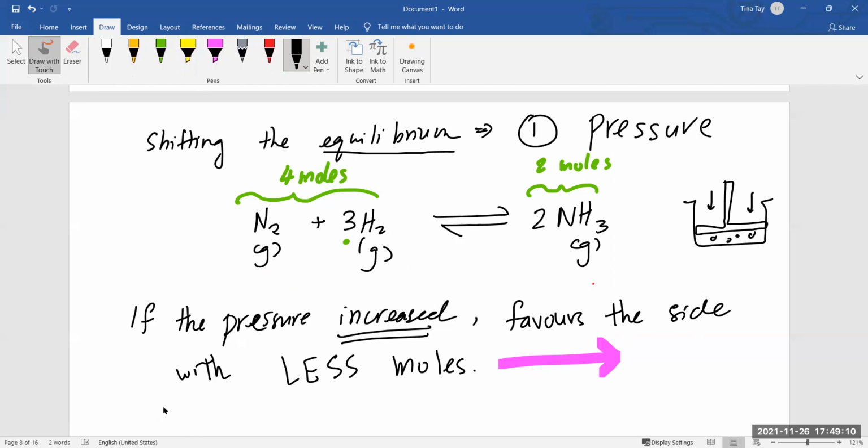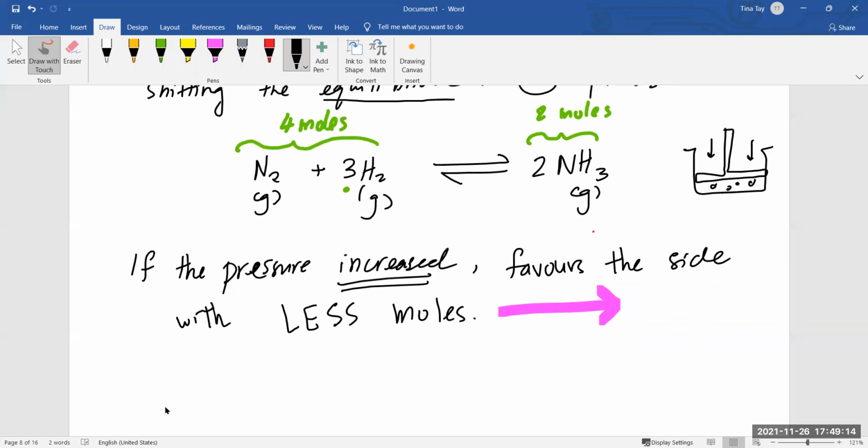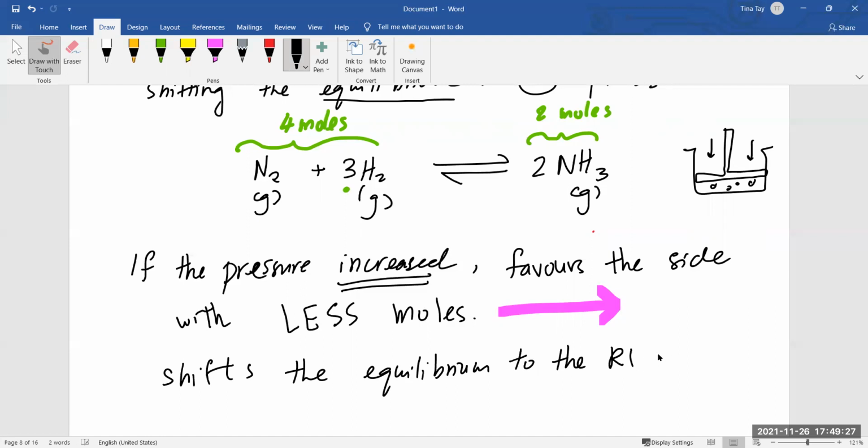So the way we write is it shifts the equilibrium to the right. So you can either say it shifts the equilibrium to the right.